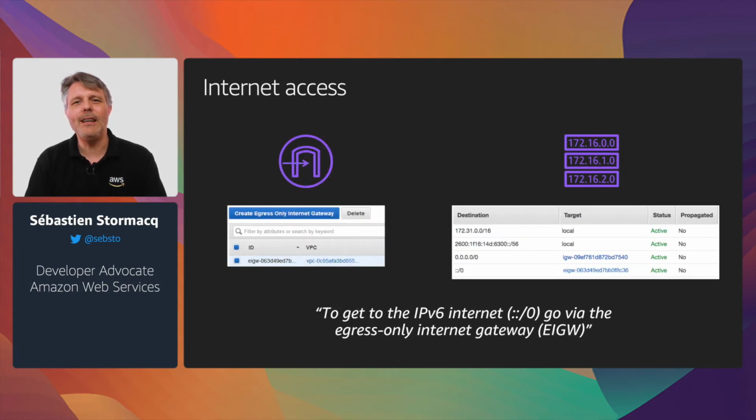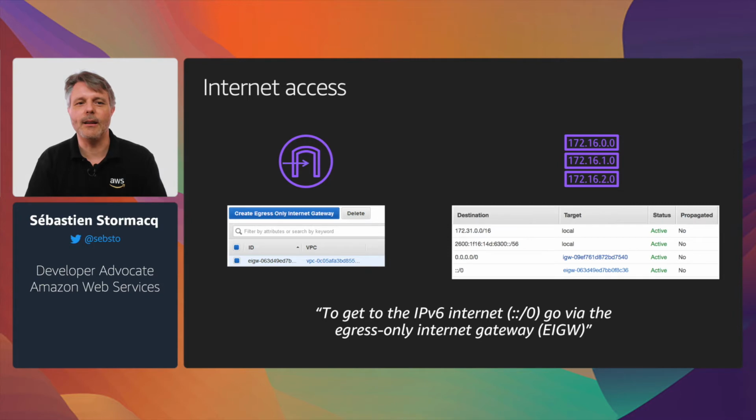We also have an egress-only internet gateway. So this is only available for IPv6. It's an internet gateway that can send open connections to the internet, but not forward incoming packets. So you cannot receive a connection from the outside, but you can start a connection from your resource inside the subnet.